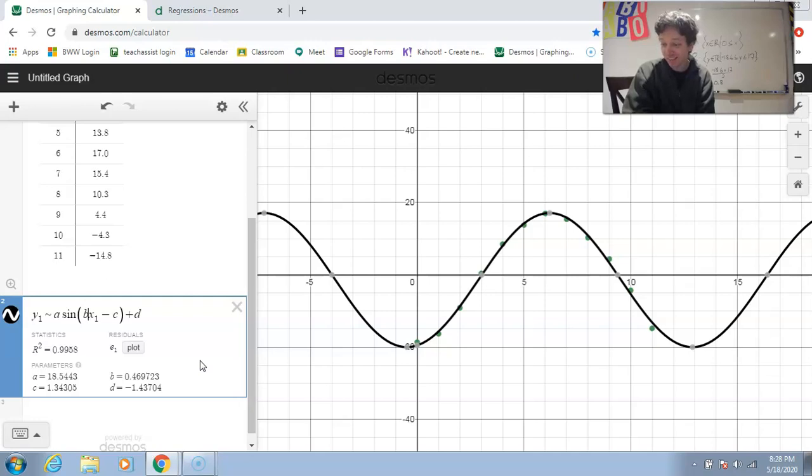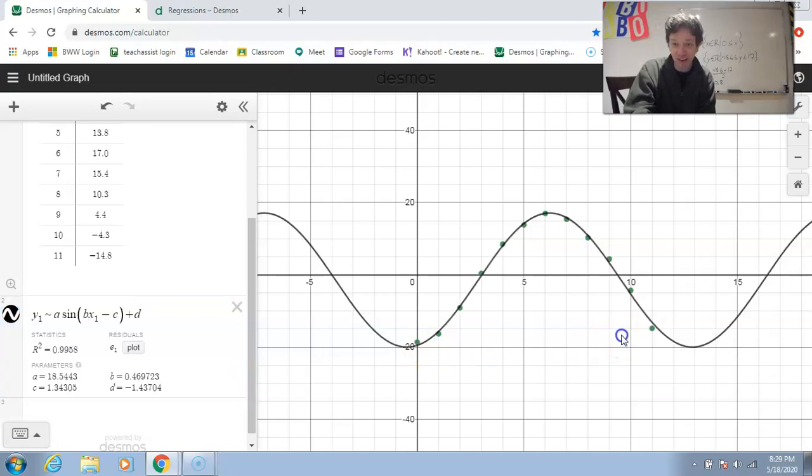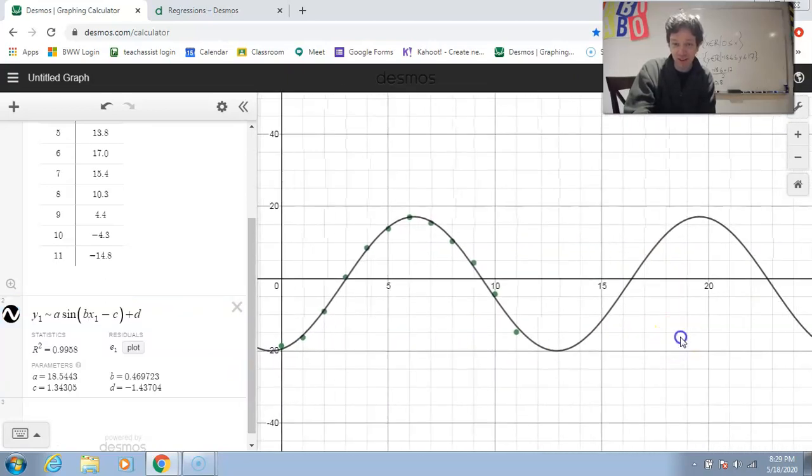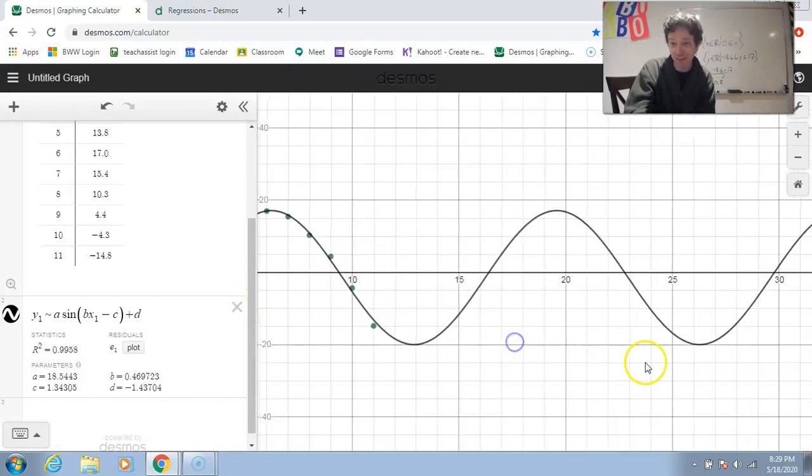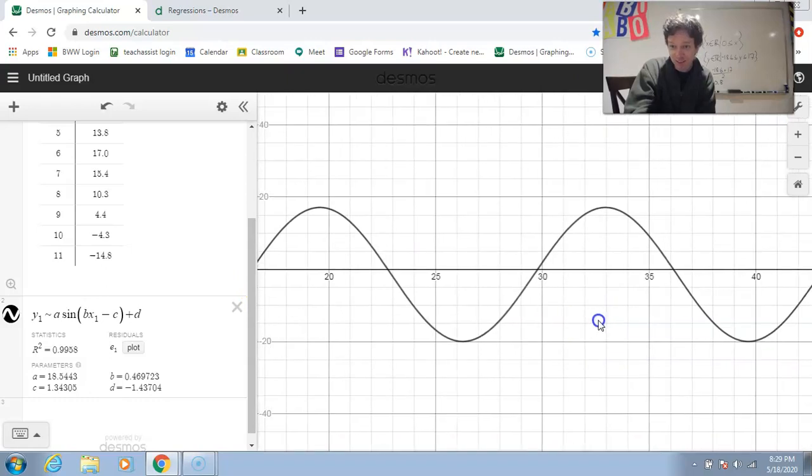Okay, so we have that. Now, is it a good fit? Yes, we have a good fit. It says, question 10, turn the scatter plot off. We don't really need to do that. And use the graph to determine the average monthly temperature for the 38th month. So let's go all the way over here. The first month was 0, so the 38th month will be at 37, which is right here.